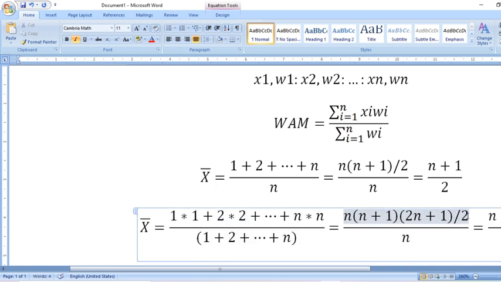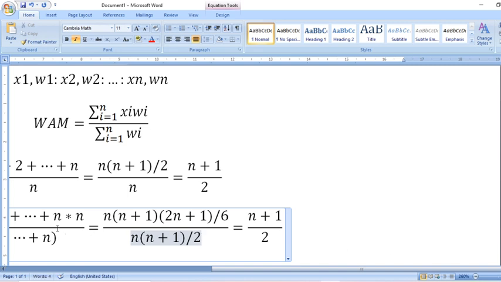And what is the value of the sum of the weights? That is 1 plus 2 plus etc. n, which is n into n plus 1 by 2.